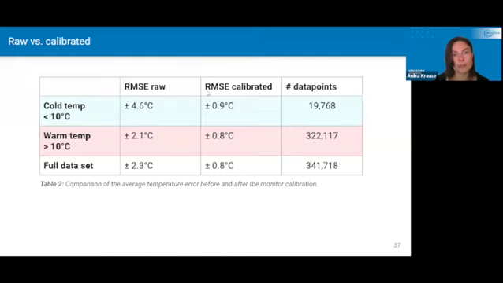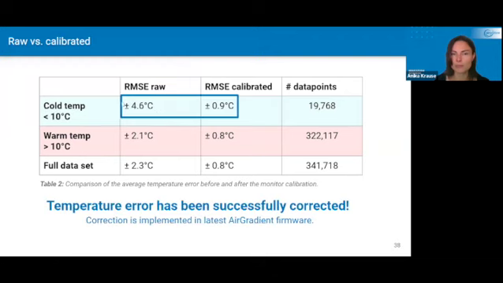Just a little summary here. If we look at the average error before and after the calibration, you can see that particularly for cold temperatures, the error improved a lot. It was about 5 degrees off on average below 10 degrees, like when you had outside temperatures of 10 degrees and less.